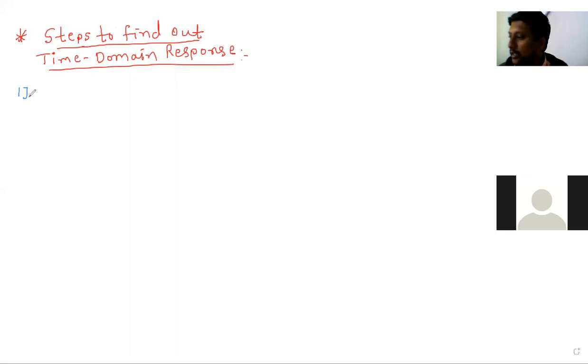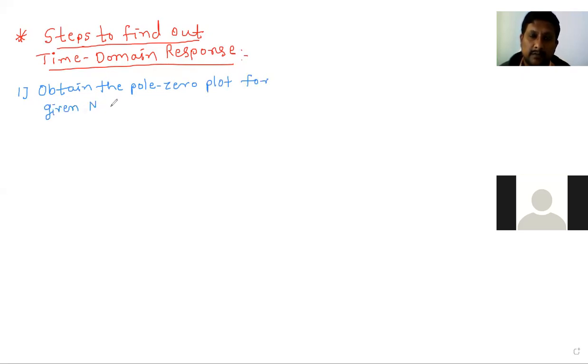So first, obtain the pole zero plot for the given network function. This is the first step.